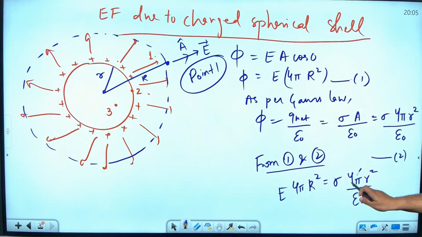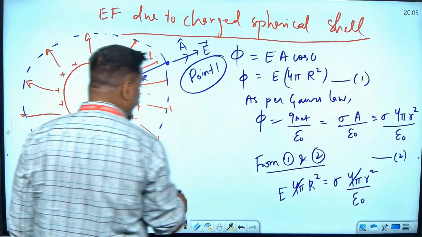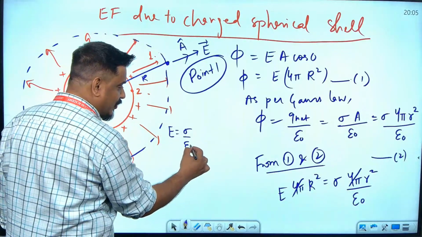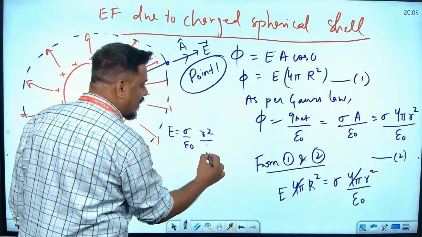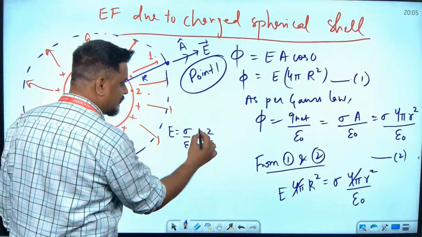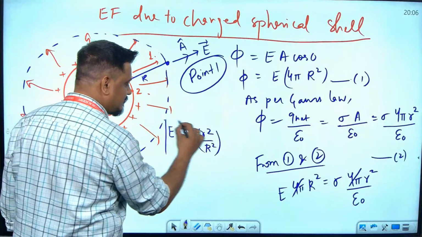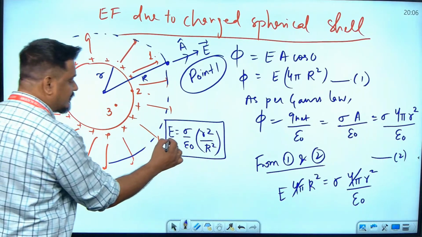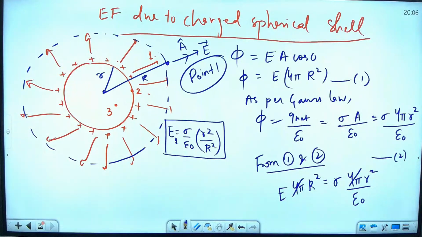So here 4 pi gets cancelled, and I am going to get the expression of electric field as sigma by epsilon naught into r square by R square. This is the electric field at point 1, not on the surface, at a distance R away from the center of the sphere.